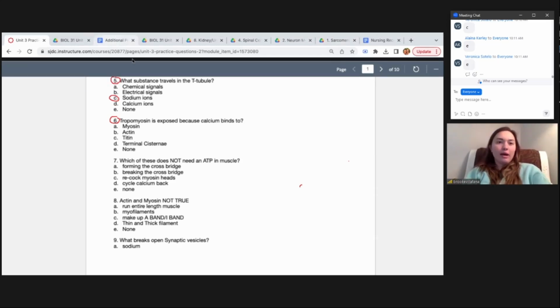And since you haven't seen troponin, troponin is why we would choose E. So calcium binds to troponin. Question 7. Which of these does not need an ATP in muscle?